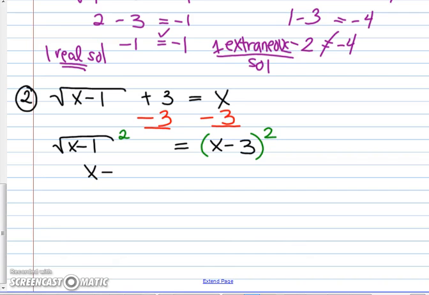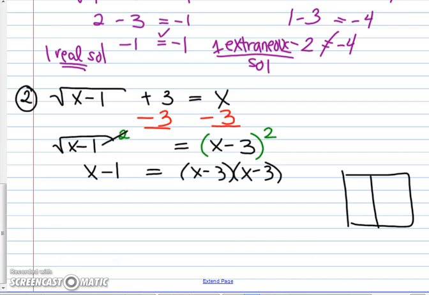On the left side, it gets rid of my radical sign, and I'm left with x minus 1, and now I have to figure out what is x minus 3 times x minus 3. Your box method gives you x times x, which gives you x squared.